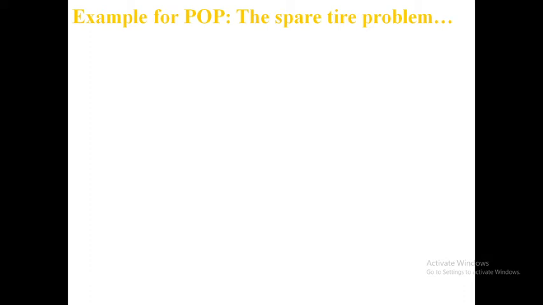So the actions we need to perform to place your spare tire so that the car can move without any troubles in the midway is nothing but a spare tire problem. Okay, so let us start with the problem statement.